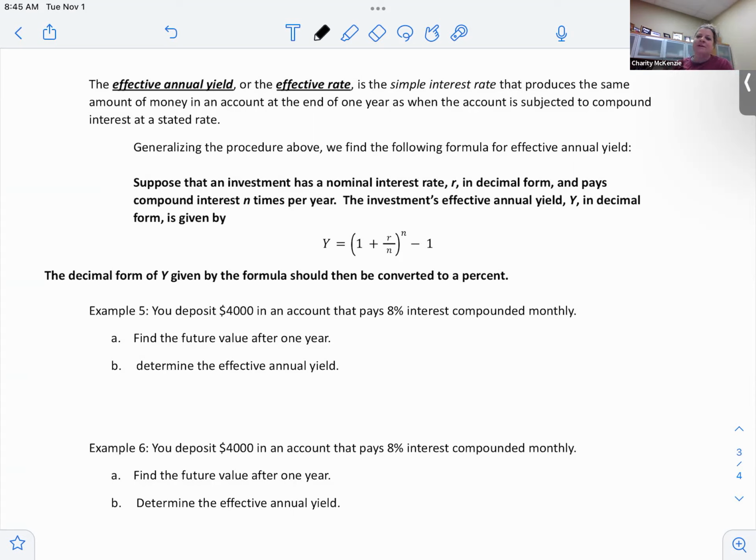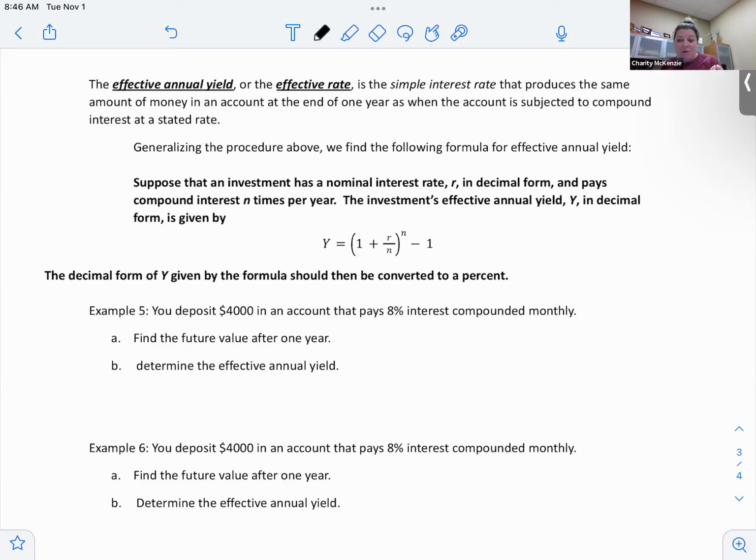Okay, effective annual yield. How am I going to compare my rates? So let's say I have this option for a CD over here with simple interest. I have this option over here where I'm investing in stocks and bonds. And then over here, I have this option of a savings account. What should I put my money in? How can I figure out what is the best? Well, one of the ways is this effective annual yield.